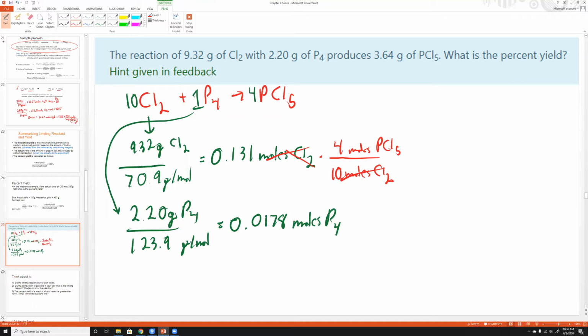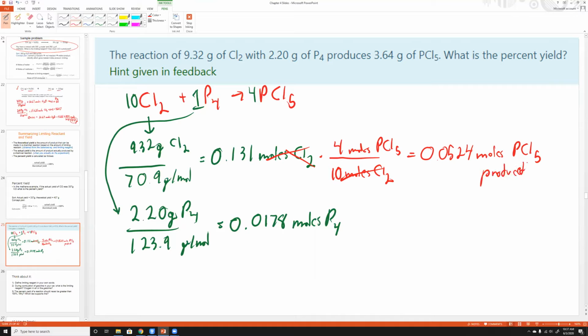So the moles of Cl2 cancel out, and you end up with 0.131 times 4 divided by 10. And you end up with 0.0524 moles of PCl5.